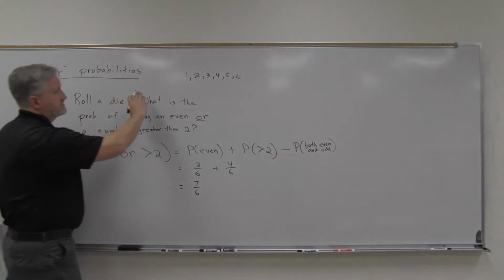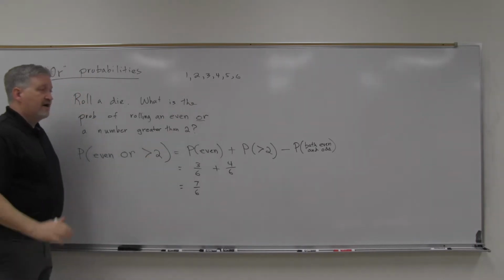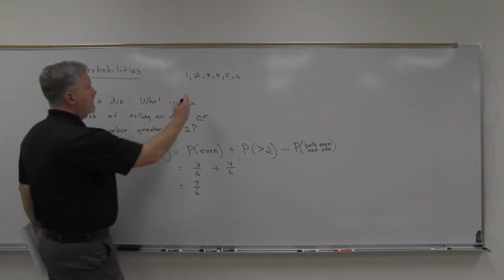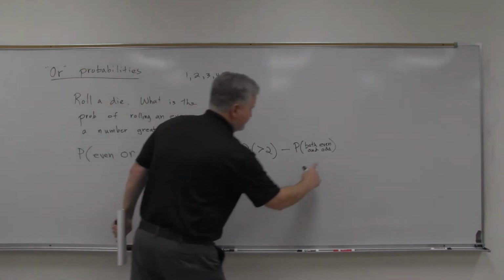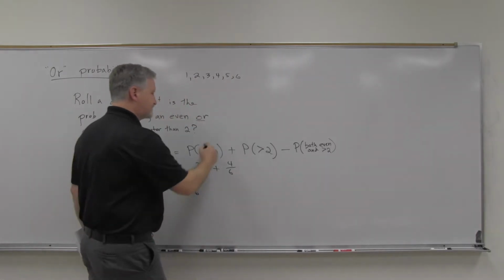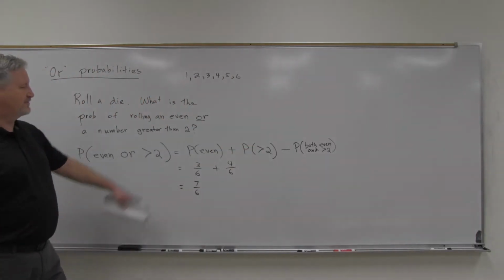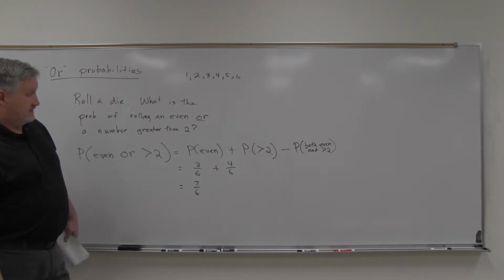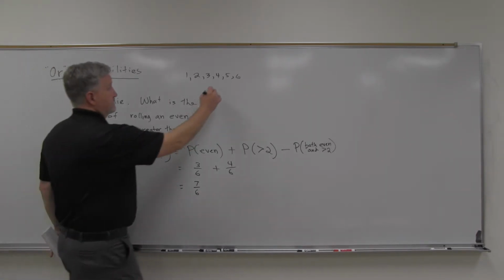So which of these possibilities are both even and greater than 2 at the same time? Sorry, not even and odd, even and greater than 2. That's 4 and 6. They're both of these at the same time.